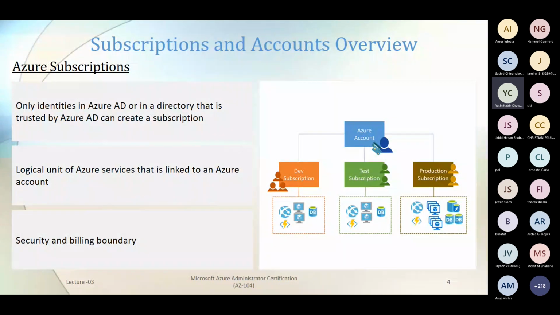For the development subscription, you can give a budget of $100. For the test subscription, $200. For the production subscription, $300, like this. So you can separate the billing and budget also.